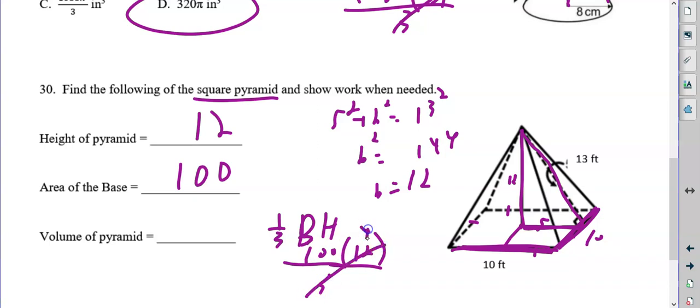Again, 3 goes into 12 4 times, so that's 400. So again, this would be feet, this would be feet squared, and this would be feet cubed. And that's it.